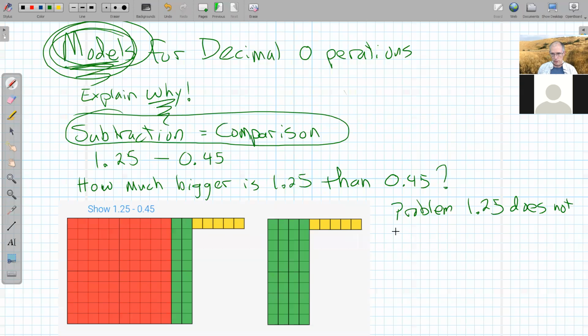We don't have enough tenths, so we have to trade.